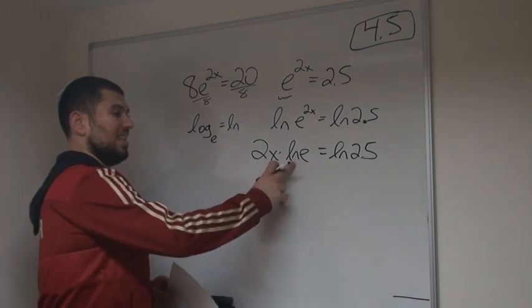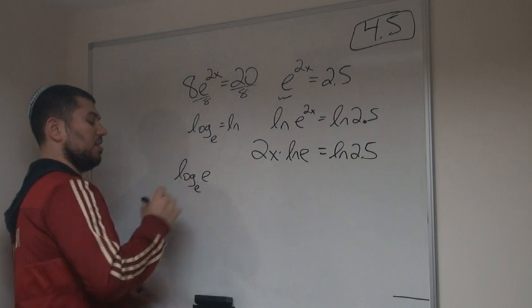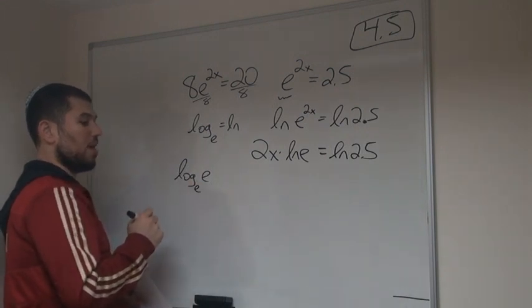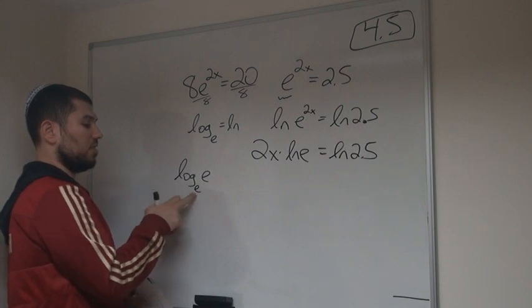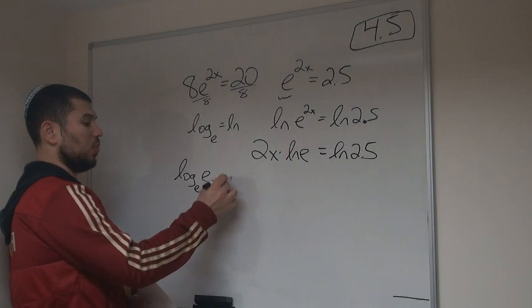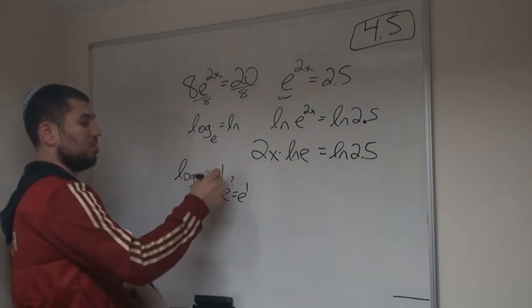Now, the ln of e, or log to the base e of e, if you guys remember in our properties of exponential functions or logarithmic functions, this means e to what power gives me e to the first? The answer is just 1.